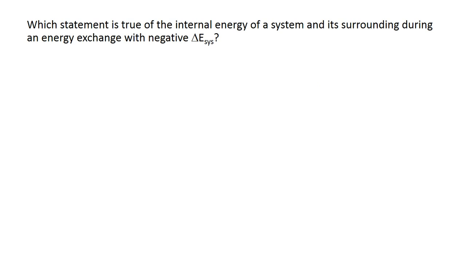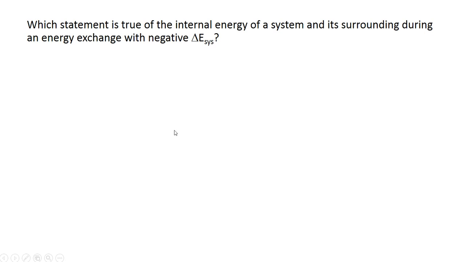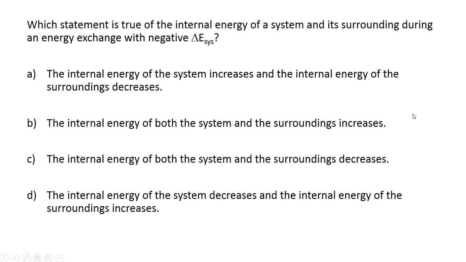So let's answer this question. Which statement is true of the internal energy of a system and its surrounding during an energy exchange with negative delta E system? So here we say delta E system is equal to negative delta E surrounding. But what if the opposite happens? Think about these answers.